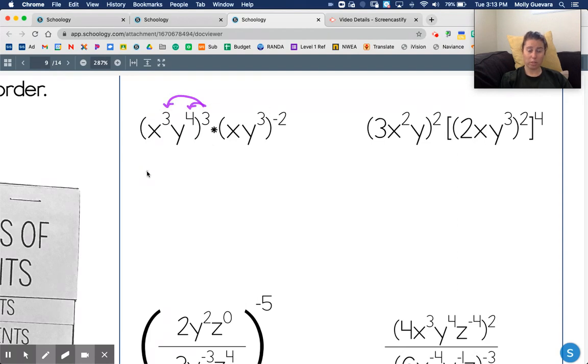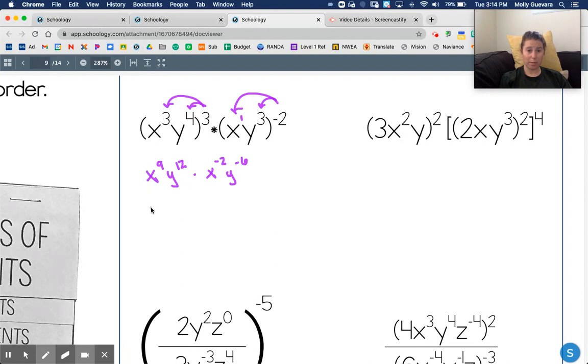Okay, so here I need to start by getting rid of these outside exponents. So I'm going to distribute. It gets me x to the 9th, y to the 12th times, and then I'm going to distribute my negative 2. Remember that this is x to the 1, right? So I have x to the negative, oops, not negative 1, excuse me, x to the negative 2, y to the negative 6. Now I can simplify these by combining them.